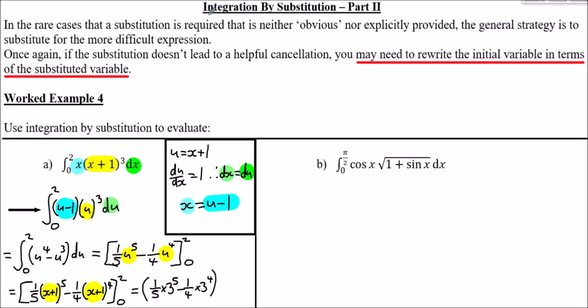And I'm not going to have enough space, silly me. Let's make some space here. Then I'm going to have to minus what we get when we input the lower limit of 0. So when x is 0, x plus 1 is just going to be 1. That to the power 5 is just going to be 1. So I'm minusing off 1/5, and this becomes minus 1/4.